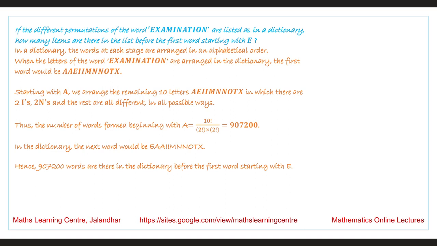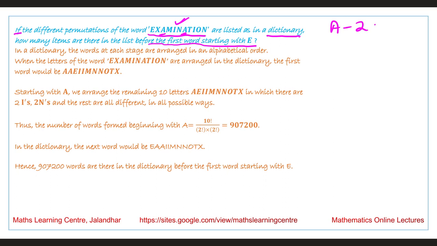Next is, if the different permutations of the word EXAMINATION are listed in a dictionary, how many items are there in the list before the first word starting with E? So if we list the permutations of these words, we have A, and the number of A's we have is 1 and 2.